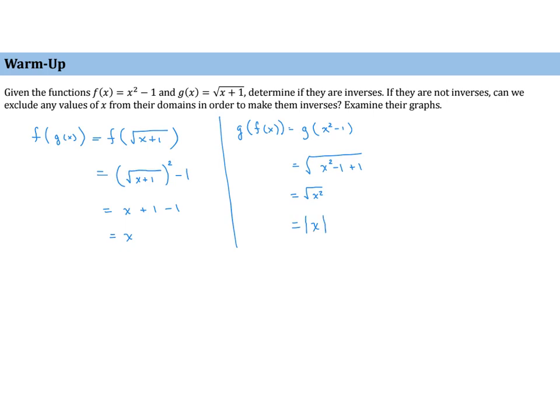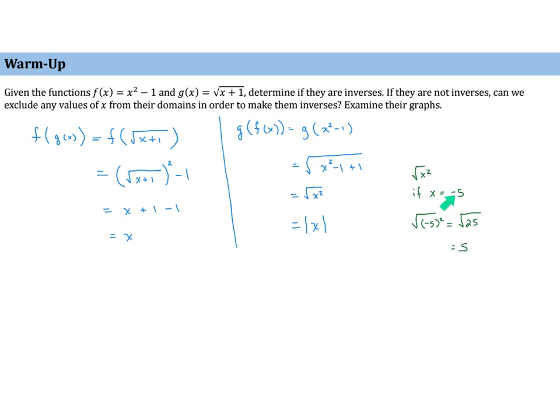In case you don't believe me, let's look at the square root of x squared if x equals -5. We would have the square root of -5 quantity squared, which is the square root of 25, which is 5.